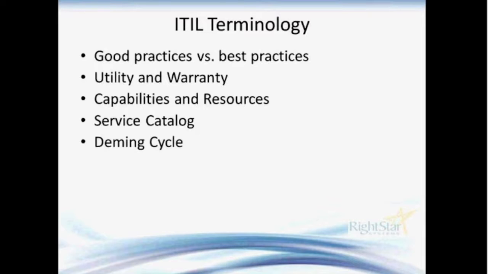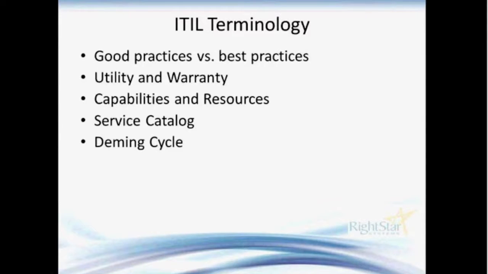Some other considerations within service strategy is understanding what the capabilities and resources are of our IT organization. And again, we look a lot at resources. Resources are those tangible things. So the resources may be servers and software and headcount and network infrastructure.